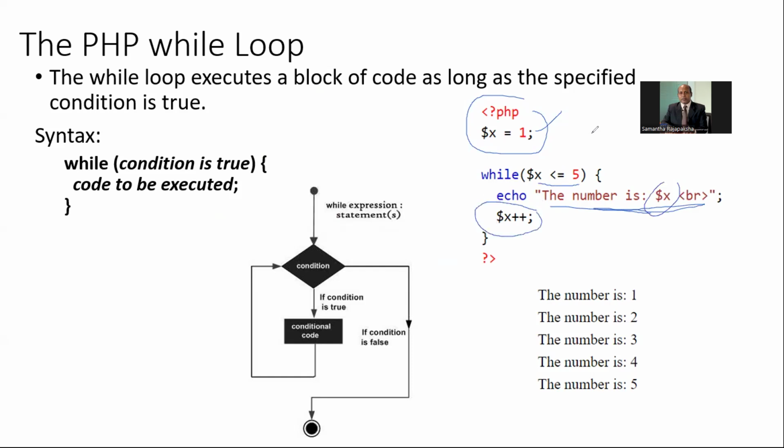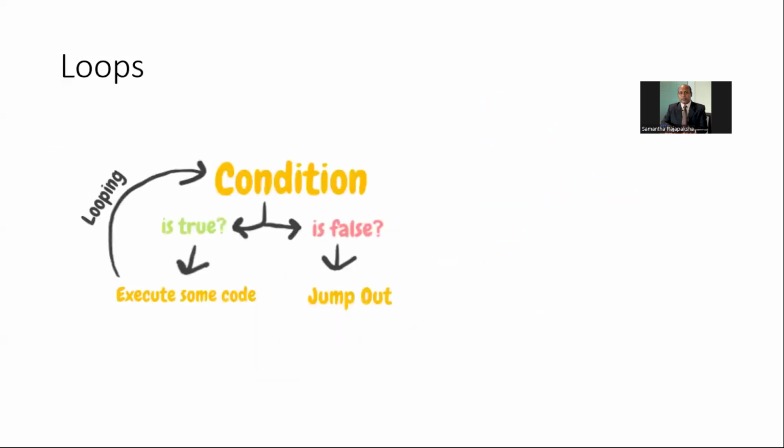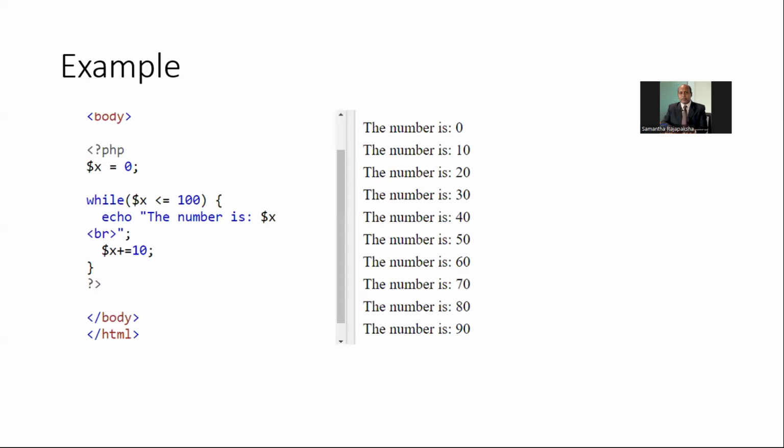The start of the loop is represented by the curly bracket, and the ending is also represented by curly brackets. That is the body of the loop. So in a very simple way you can create a while loop. I think it's not difficult. This is another example. Same syntax you can use.